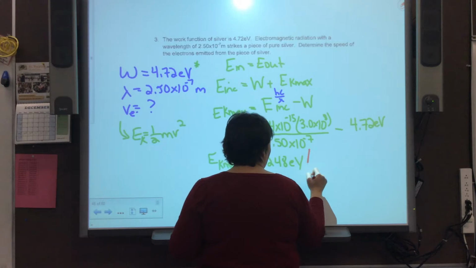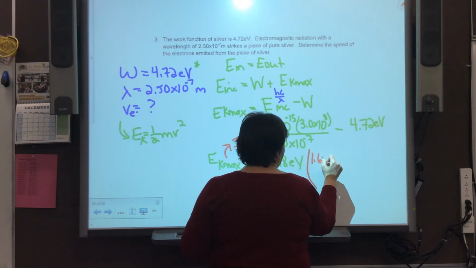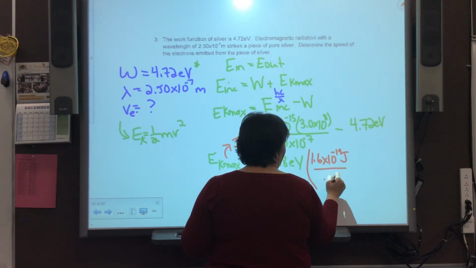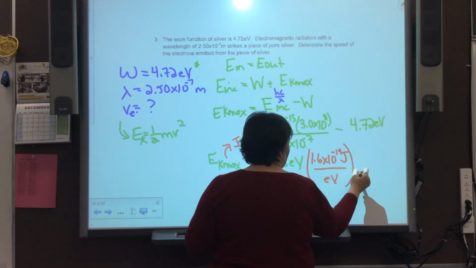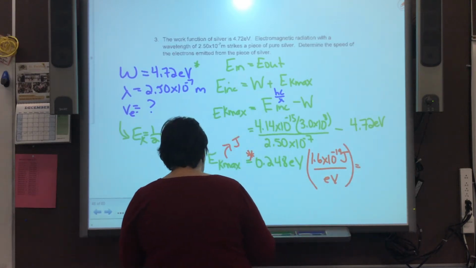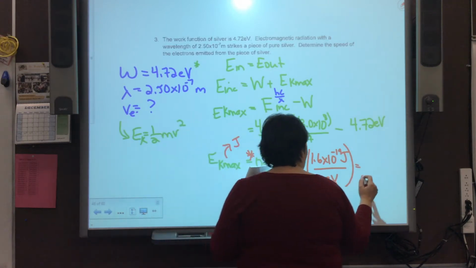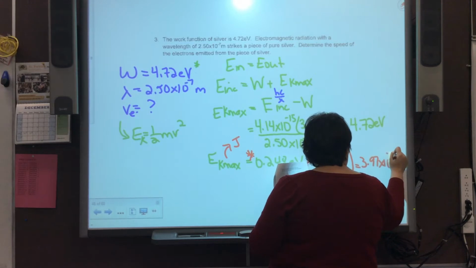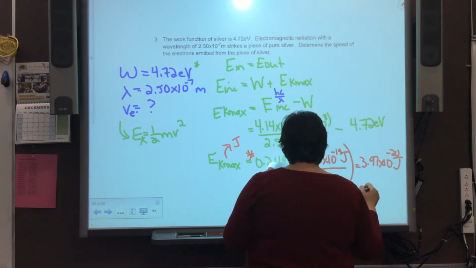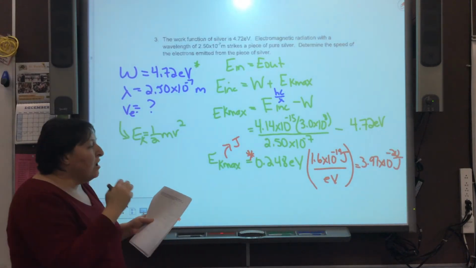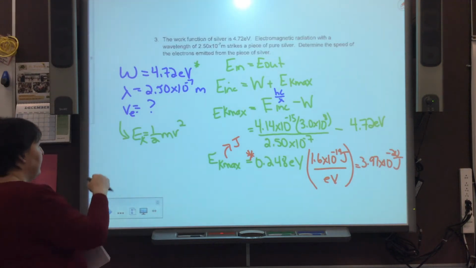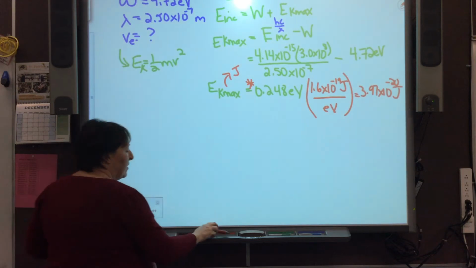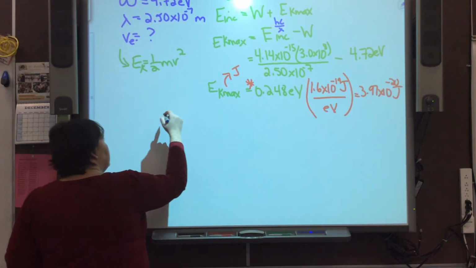So we're going to multiply by 1.6 times 10 to the negative 19 joules for every electron volt, equals 3.97 times 10 to the negative 20 joules. You're going to keep all of your decimals because we're not done yet. Looking for the speed.